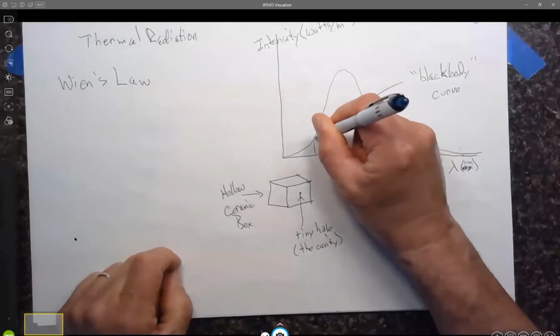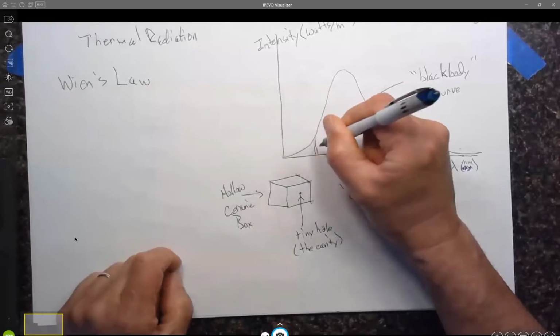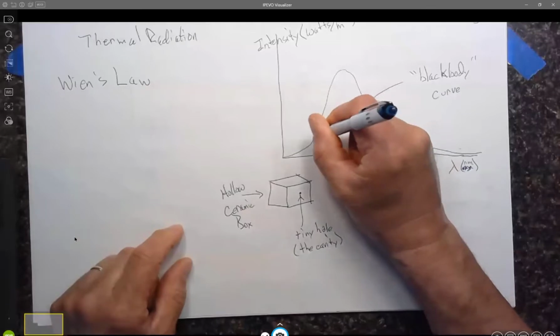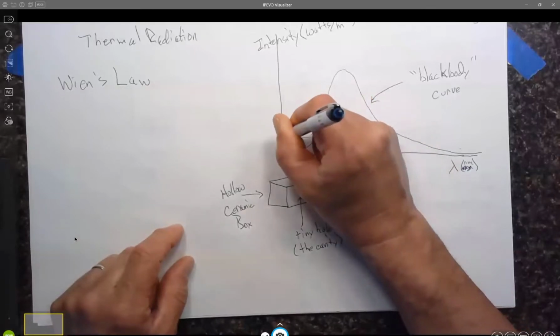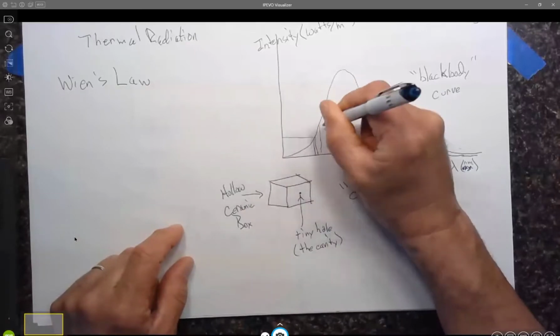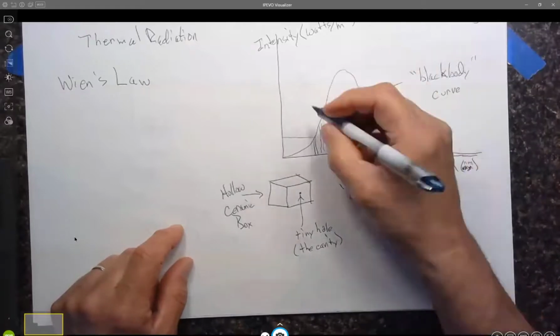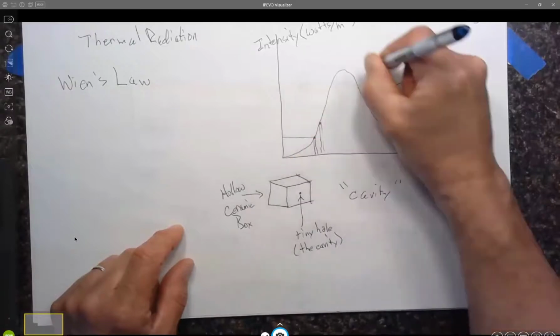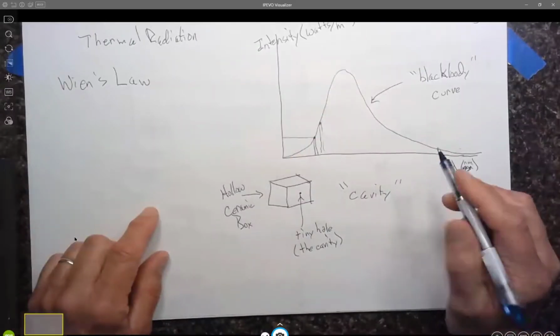Feed that light into a photocell, measure the voltage of the photocell, and track it. You do that at another temperature and another one, and eventually you'd get enough data points to trace out this whole curve.